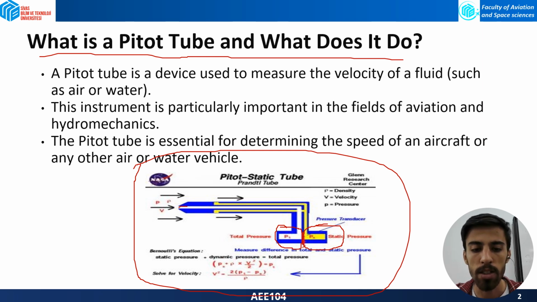As you can see, there is a hole, and this hole comes only with this port, which measures the total pressure, and the other port just has a hole. This hole only measures the static pressure. I will show how we can use this information to evaluate the airspeed.